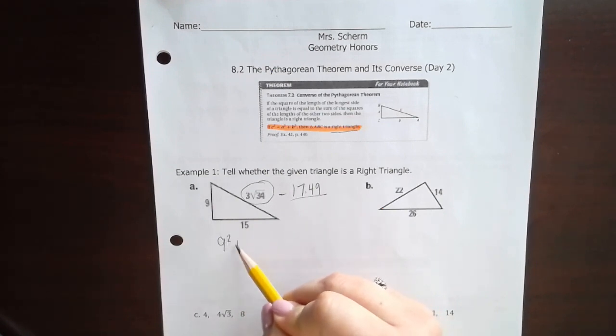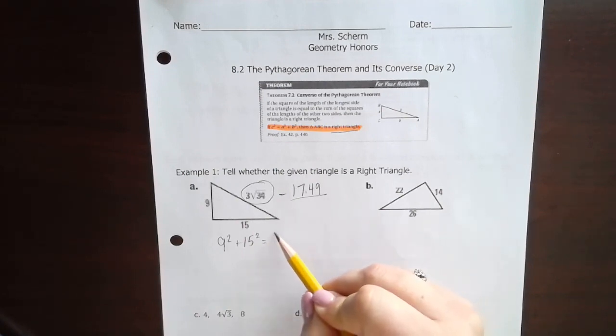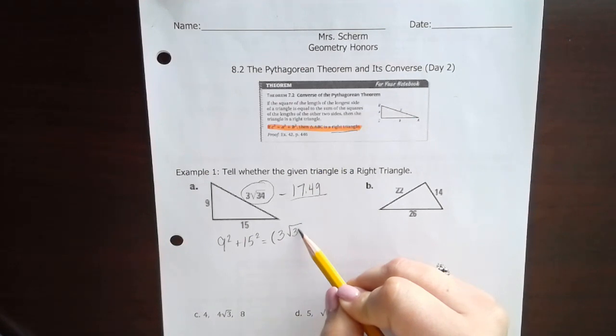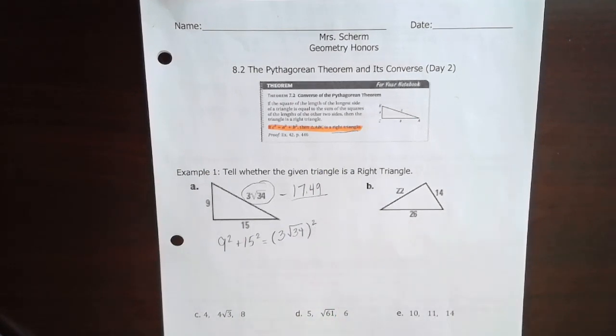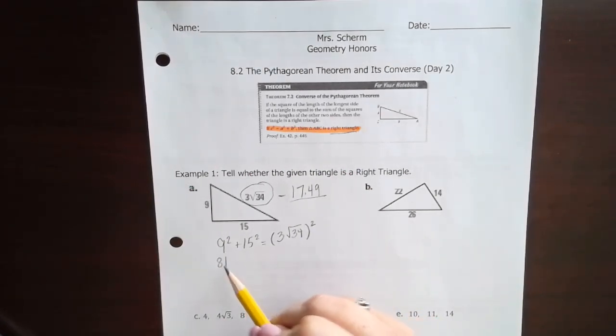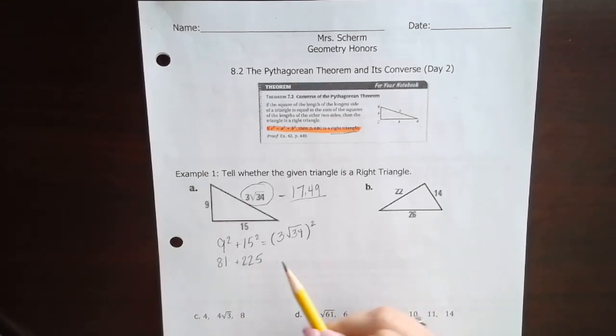9 squared plus 15 squared equals my longest side squared. So I'm going to check if this works. 9 squared is 81. 15 squared is 225.